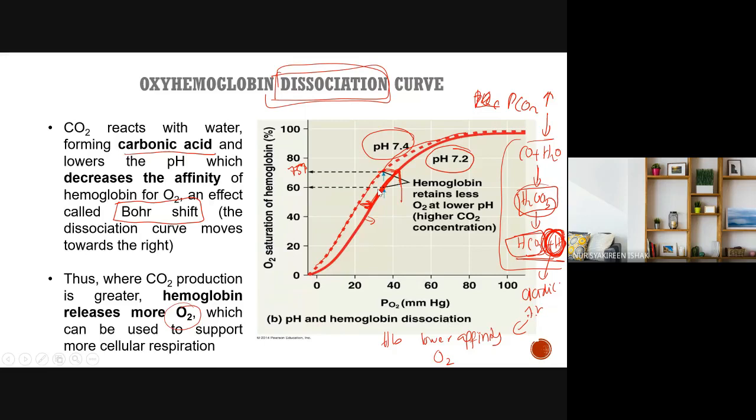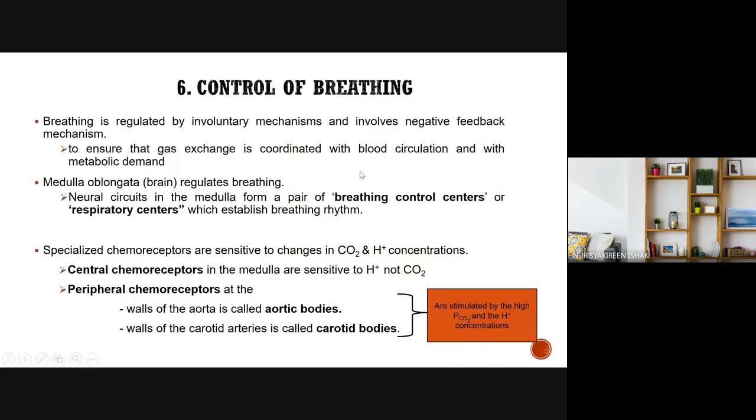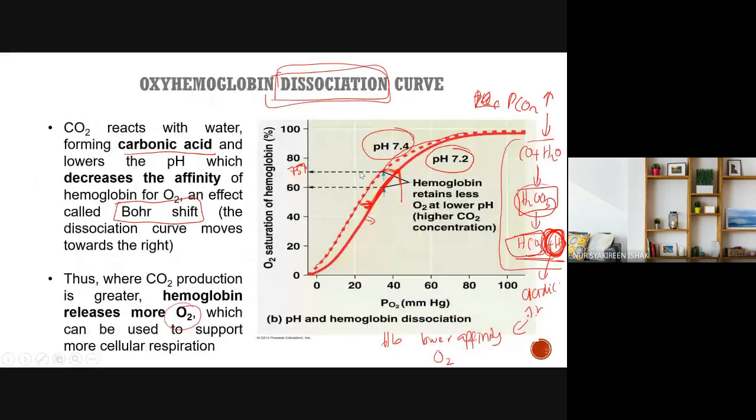So that's why we call this graph as oxyhemoglobin dissociation curve. Kebolehan hemoglobin untuk riliskan oksigen pada contohnya when your body cell is respiring. Okay. So far ada soalan tak? Faham ke graf ni? Oxyhemoglobin dissociation curve.